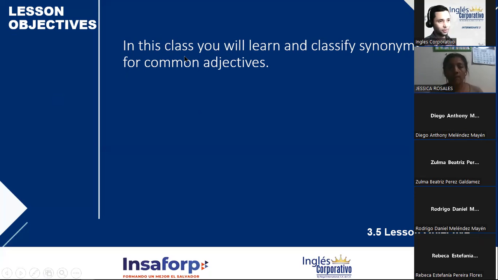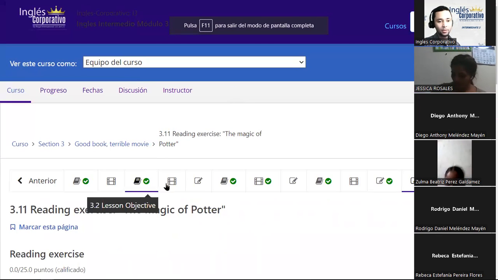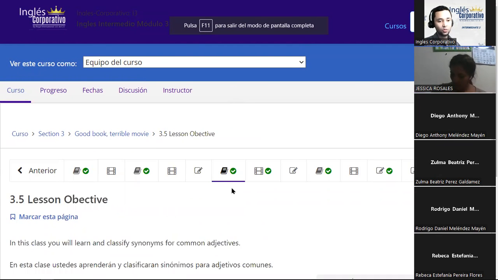In the first part, you will learn to classify synonyms for common adjectives. That's lesson objective 3.5. You can find it in the platform. Let me move this so you can see it. It's right there, 3.5.